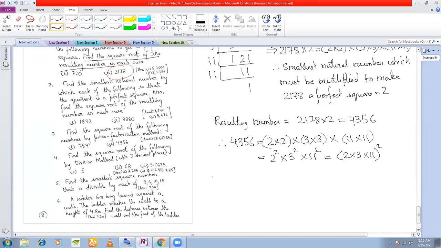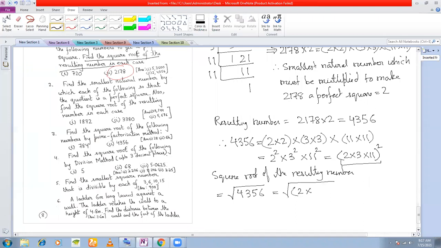So therefore, what is the square root of the resulting number? It is equal to square root of 4356. And we have already shown 4356 is equal to 2 into 3 into 11 whole square.